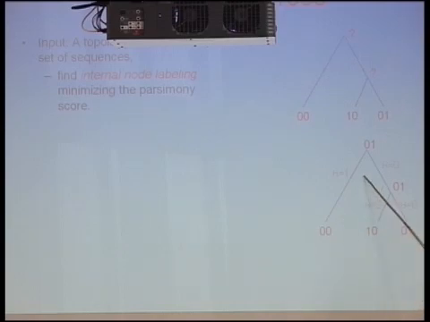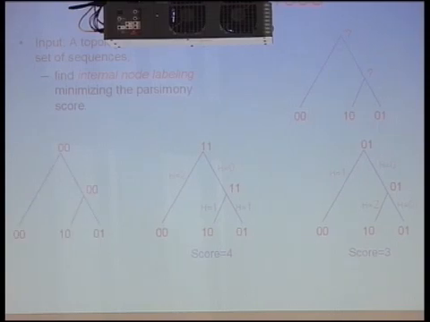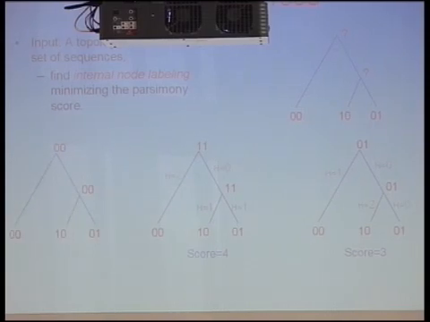Okay, so this is one labeling that induces these Hamming distances, and the score is 3. Another one, 1, 1 here, 1, 1 here, and we get score 4. And this one, 0, 0 and 0, 0 at internal nodes, and we get score 2, which is optimal.